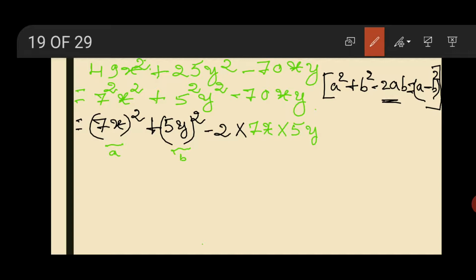Check the product: 7 into 2 into 5 is 10, 10 into 7 is 70xy. Yes, so it is (a minus b) whole square. Here the value of a is 7x and the value of b is 5y. So (7x minus 5y) whole square.